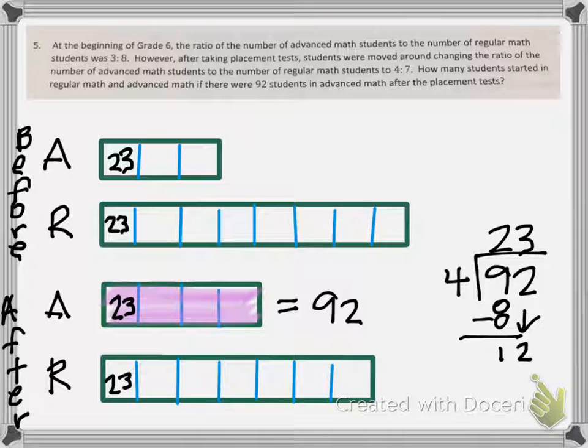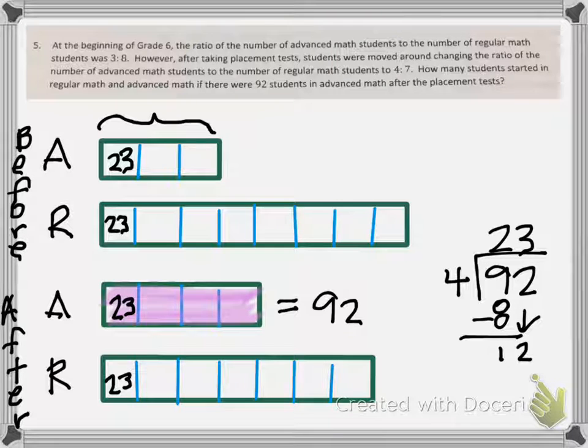So if I wanted to find the advanced math students before the placement test, I'm going to add up all of my constants in the advanced math tape before the test.